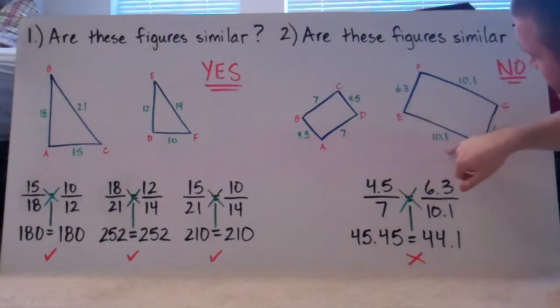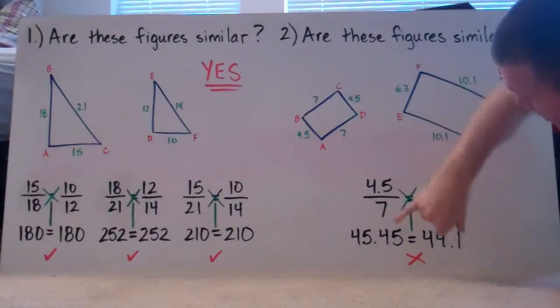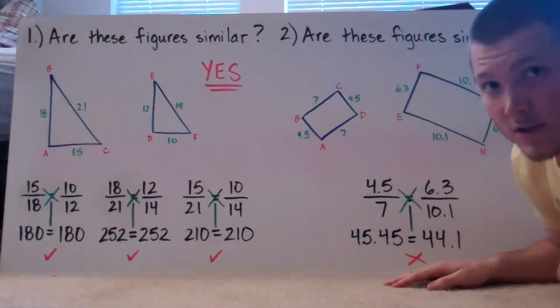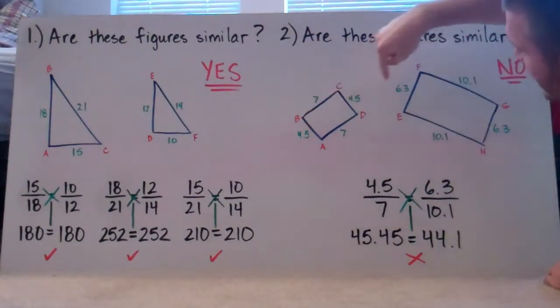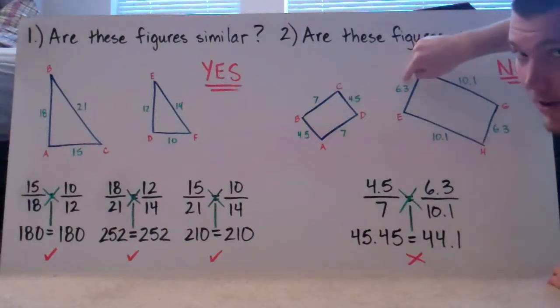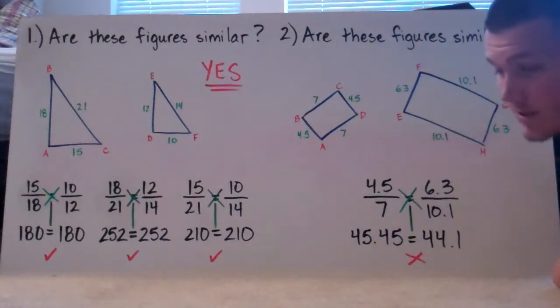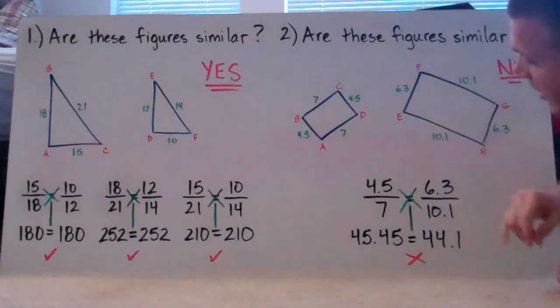These sides correspond, 7 and 10.1, so those are both on bottom. Just like when we solve word problems that involve proportions, these have in common that they're corresponding sides. That's what 7 and 10.1 have in common. So 4.5 and 6.3 on top, 7 and 10.1 on bottom.